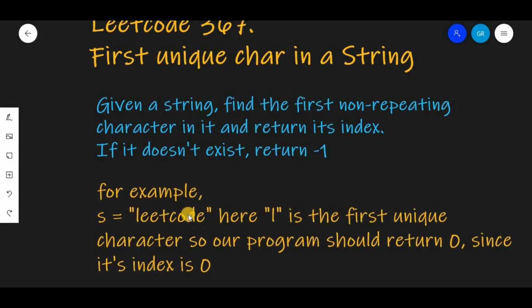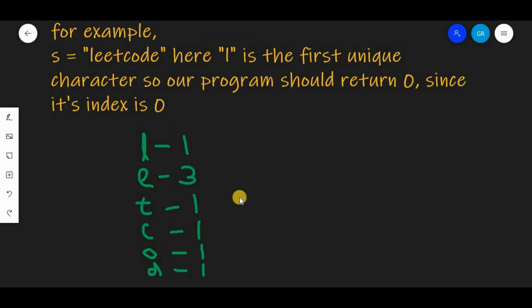So the example we are taking is, let's say, s equals to LeetCode, and here L is the first unique character, so our program should return 0 since its index is 0, right? From this example we can see L occurs only one time, E occurs 3 times, T occurs 1 time, C occurs 1, likewise O and D. But L is the first character.